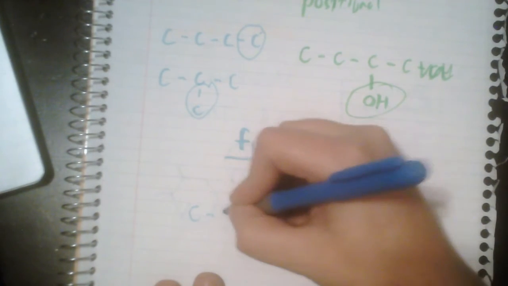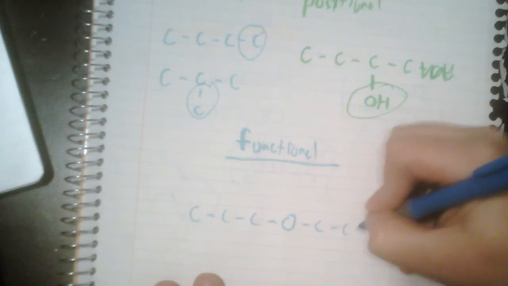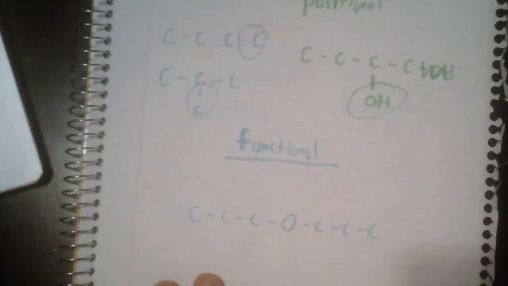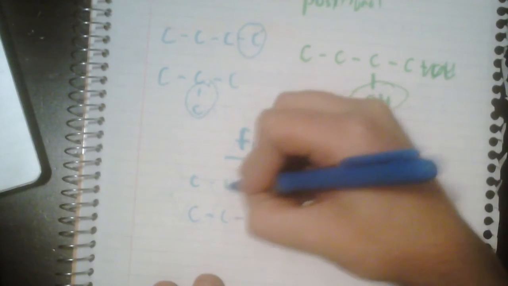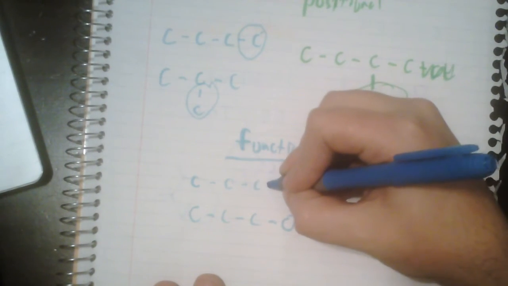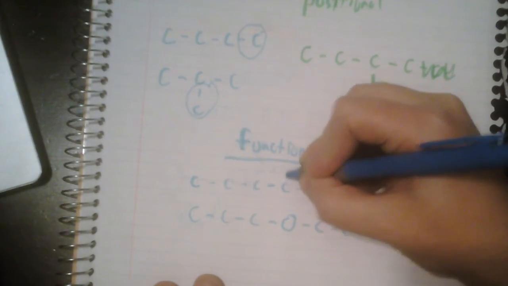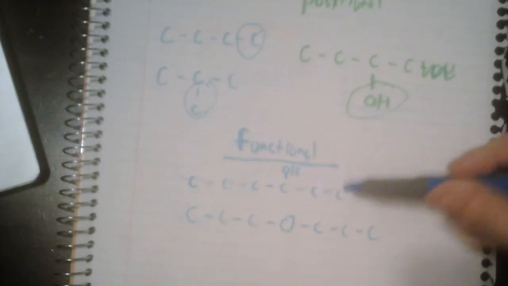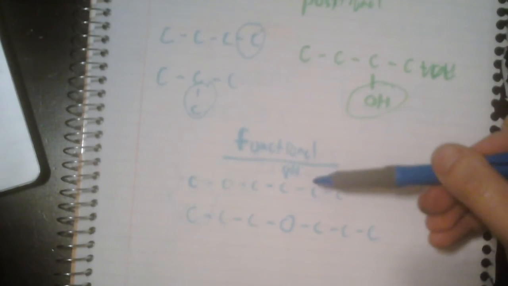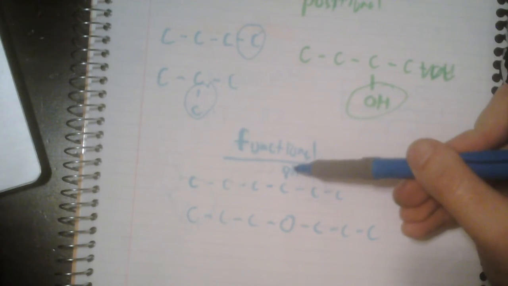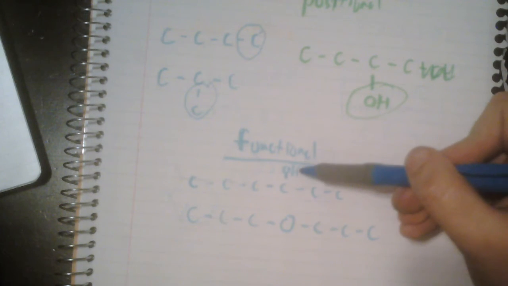So if you have a C, C, O, C, C, C, versus C, C, C, C, and OH, technically you have the same molecules here. You have 6 carbons and you have an oxygen.